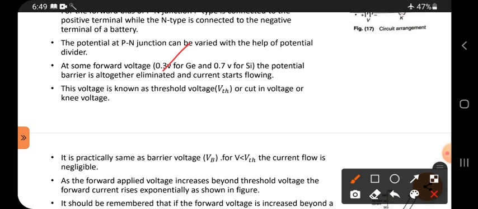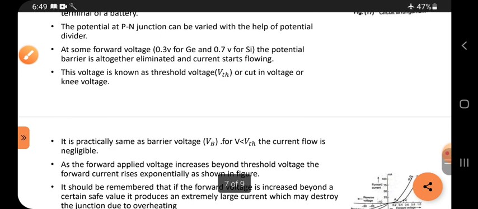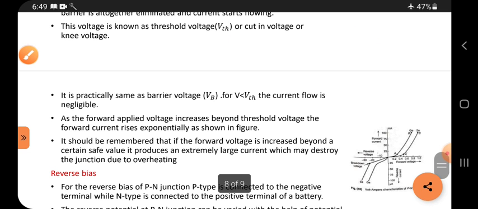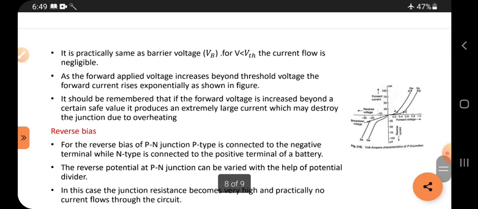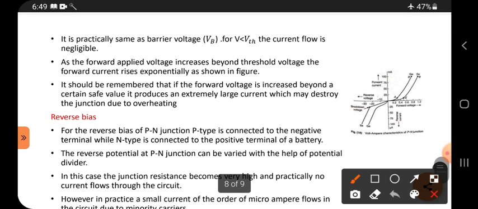Beyond these voltages, current starts flowing in forward bias. This voltage is known as the threshold voltage. We can say threshold, cut-in voltage, or knee voltage. These are the three different names. It is practically the same as the barrier voltage VB.